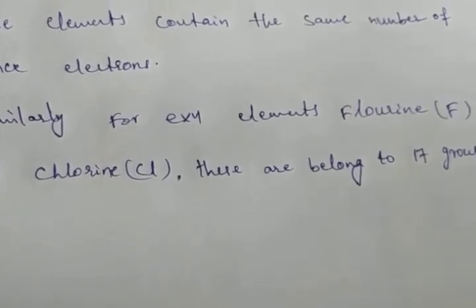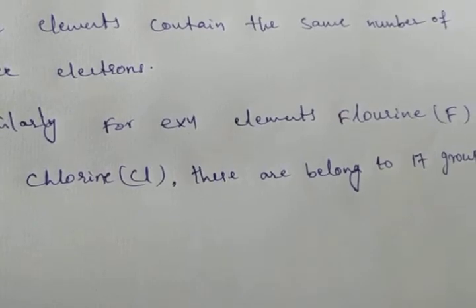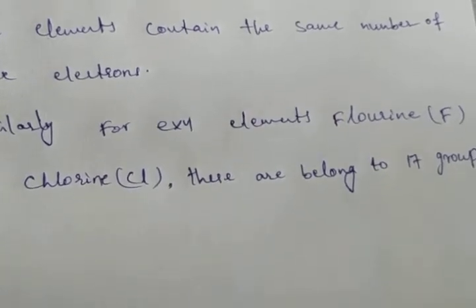Hence we can say that groups in the periodic table signify an identical outer shell electronic configuration.